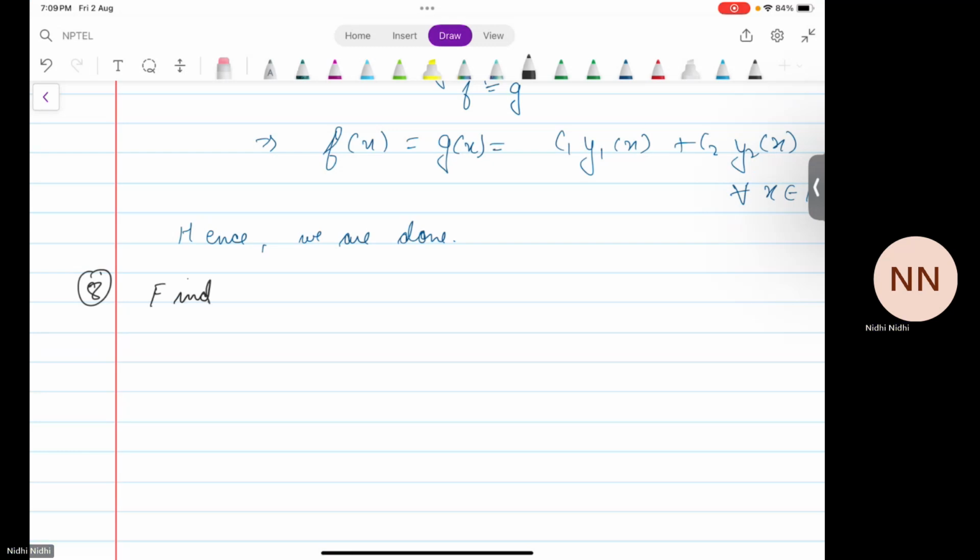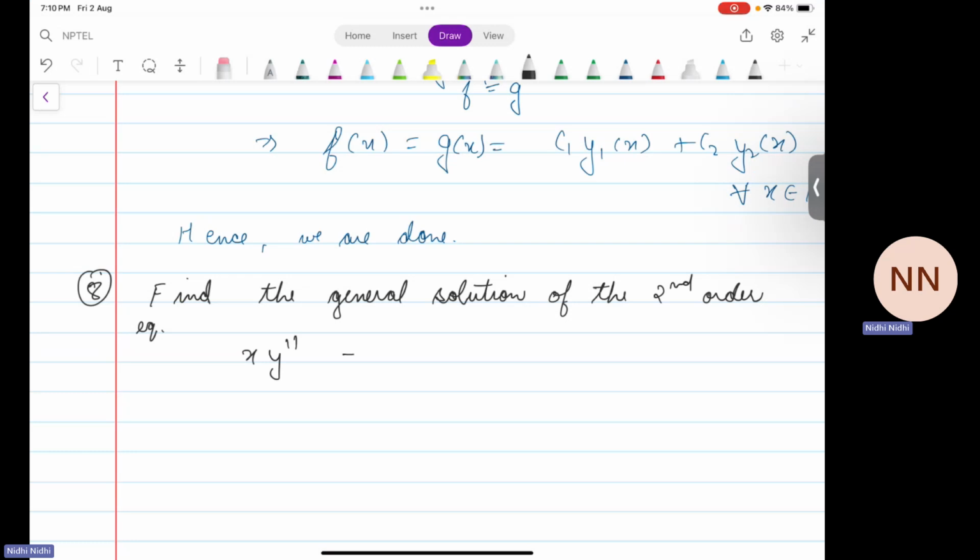Find the general solution of the second order equation x y double dash minus (2x plus 1) y dash plus (x plus 1) y is equal to 0.